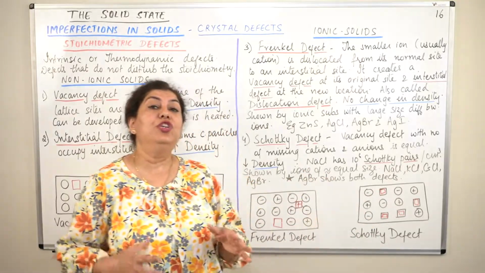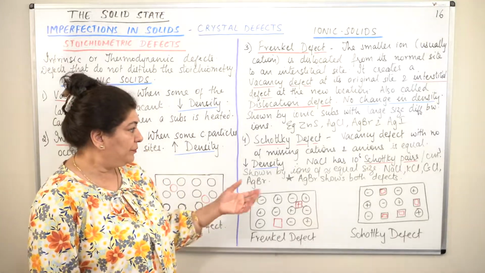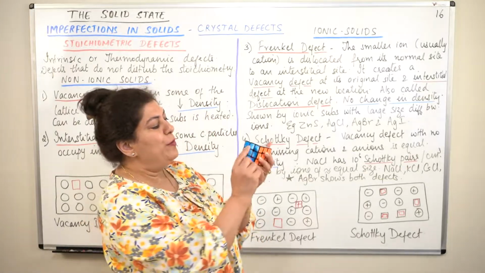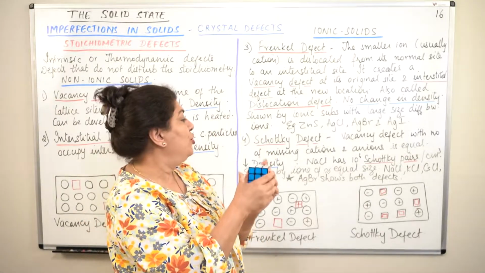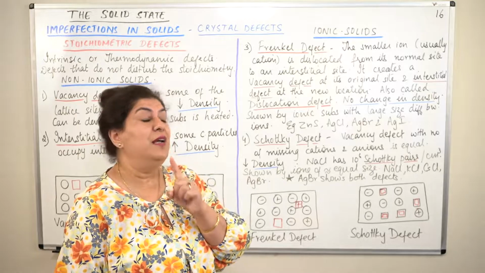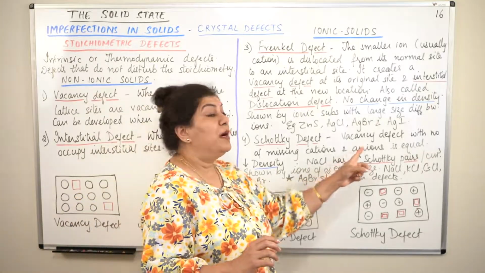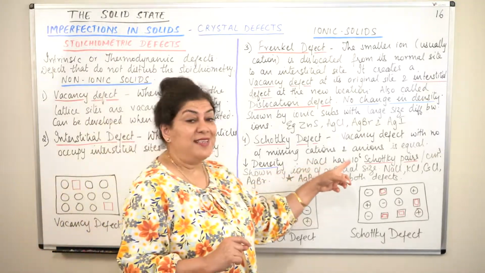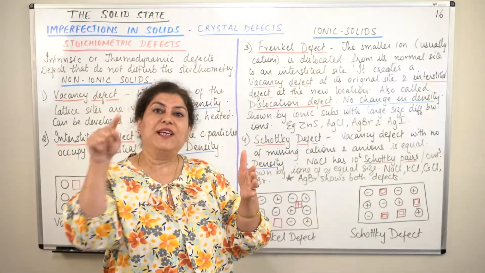Sodium chloride usually shows Schottky defect. And in sodium chloride, usually in a 1 centimeter cube of sodium chloride crystal, there are usually 10 to the power 6 Schottky pairs. 10 to the power 6, that is 1 with 6 zeros.